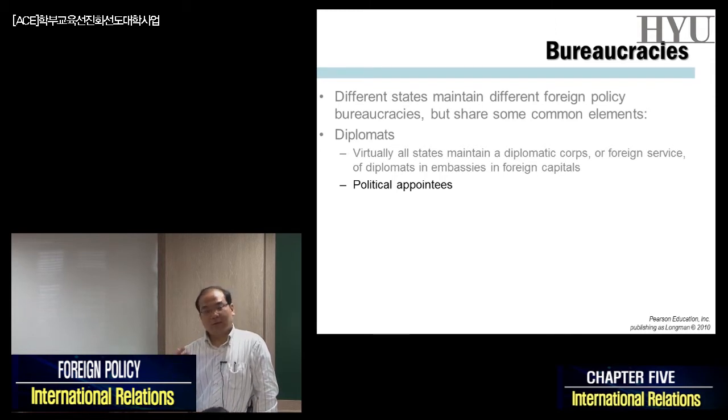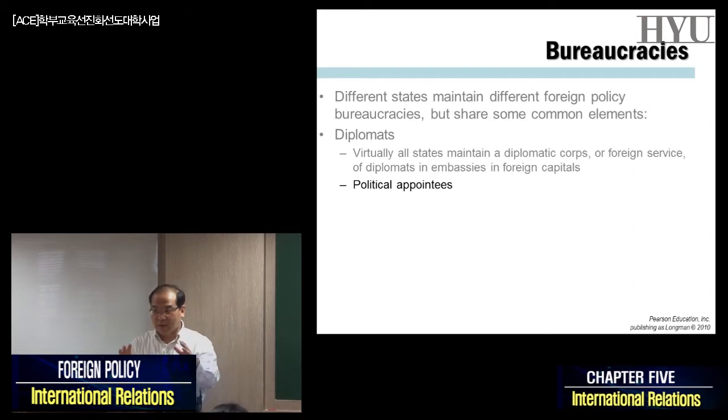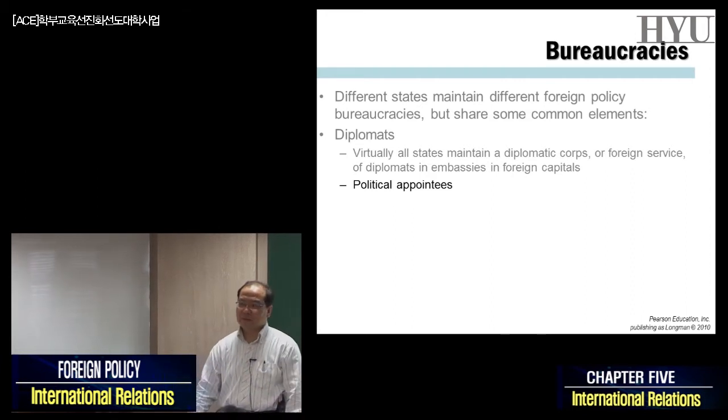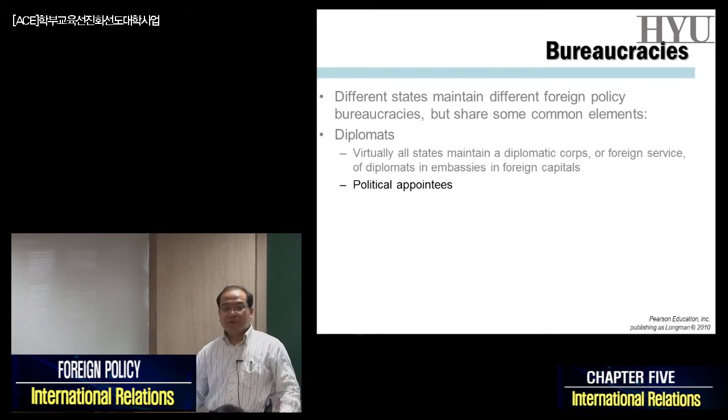Others argue that we need to loosen up a little bit, babysit North Korea a little bit so that he can change his mind. So we have different types of people, even within the foreign ministry.